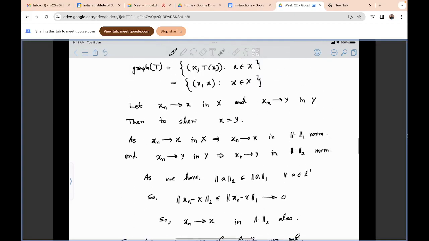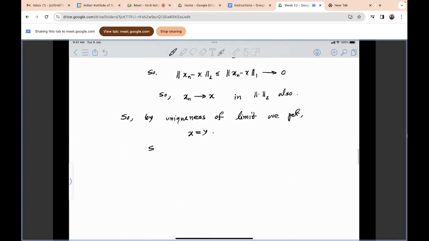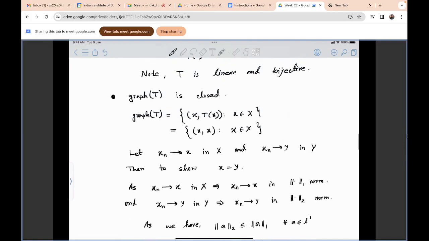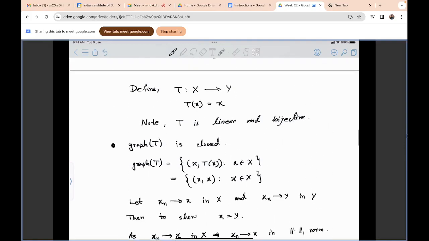Okay, so the graph of T is closed. And as T is bijective, the inverse is well defined. Now you have to show that the inverse is not continuous.